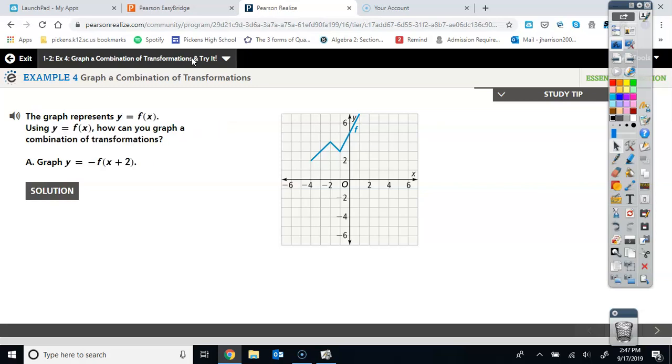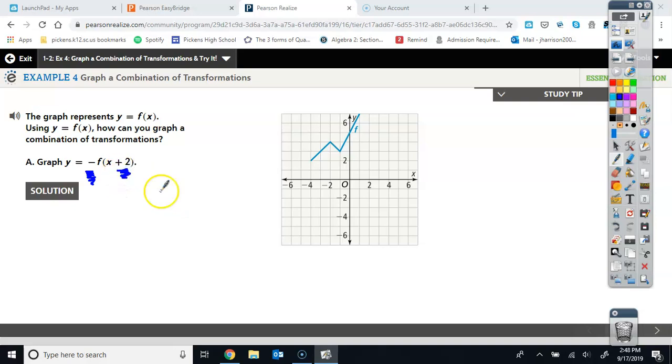Notice that this particular question gives me f of x, and it tells me this is what the graph looks like. Then it gives me a new function, and it says, how can you graph a combination of transformations? Notice there's a negative out in front.